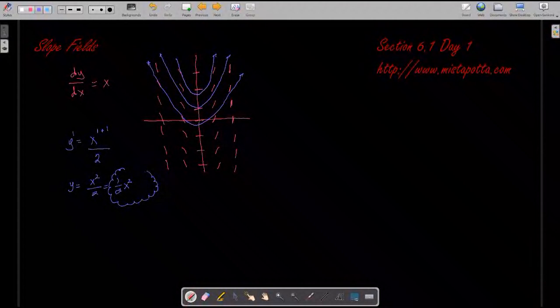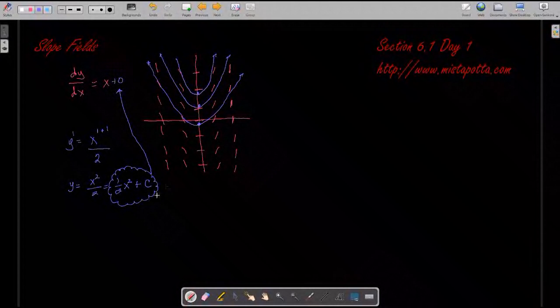1/2 x squared, but notice that the difference between each of these solutions is the constant where I cross the y-axis. The difference in these solutions is my y-intercept. And I know that if I was to go back and take the derivative, the derivative of a constant is 0.